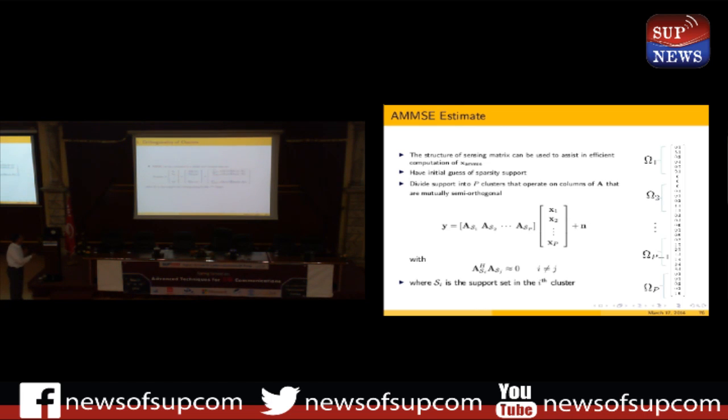So let's see what I mean by that. First, we talked about the orthogonality of clusters and how it allows us to do things in a divide and conquer manner. Now let's talk about the similarity of clusters. Imagine this is an FFT matrix or a Toeplitz matrix, okay? And I'm looking at two clusters. This is cluster 1 and this is cluster 2. These are far enough, so they are going to be orthogonal, okay? Now here's what's interesting.